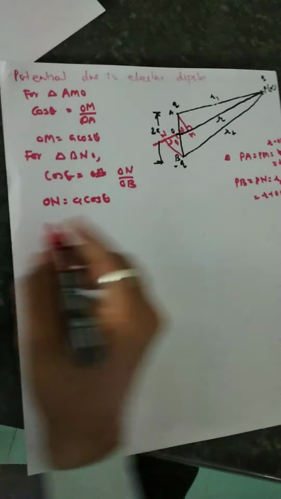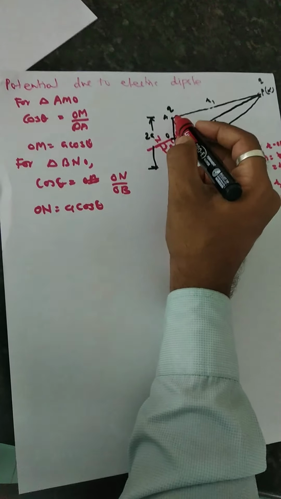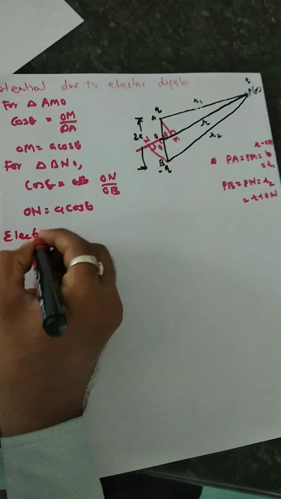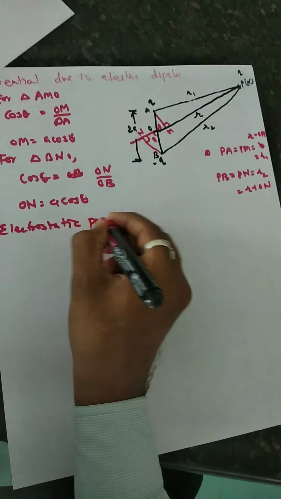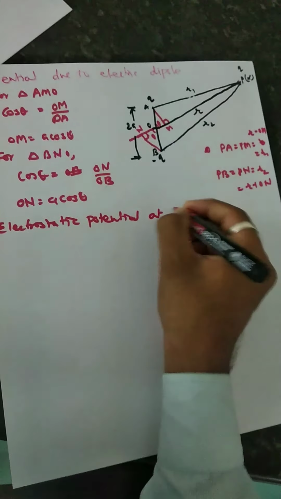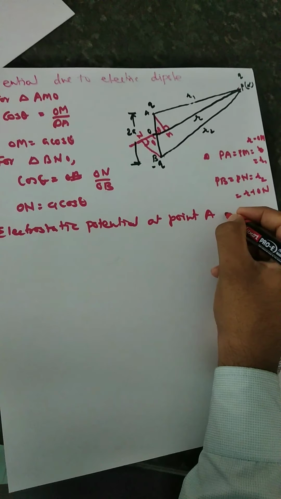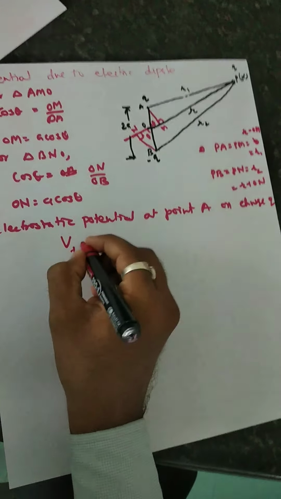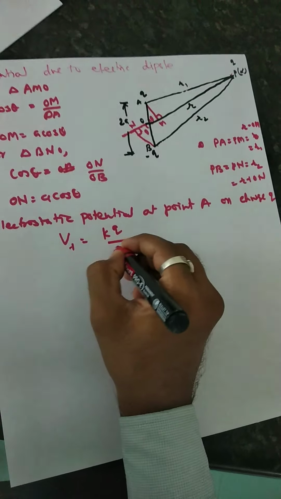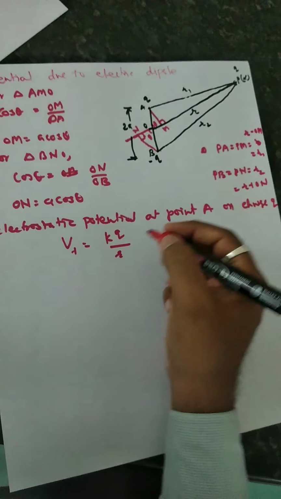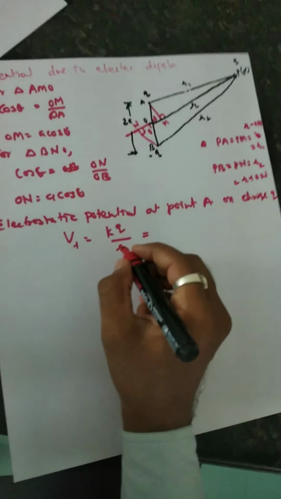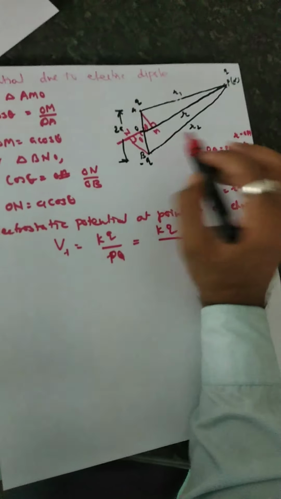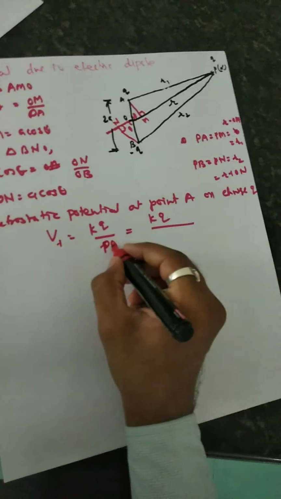Clear? Now if I consider this point charge q, the value of electrostatic potential at point A on the unit charge is V plus is equal to kq upon r, but here r is the distance PA.